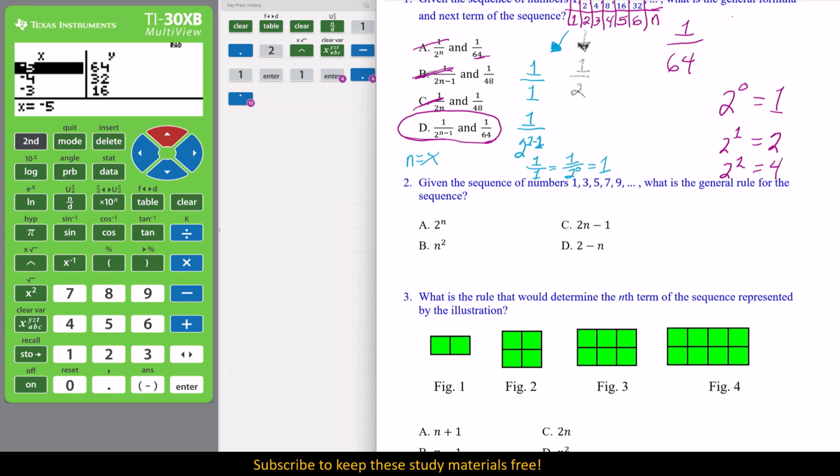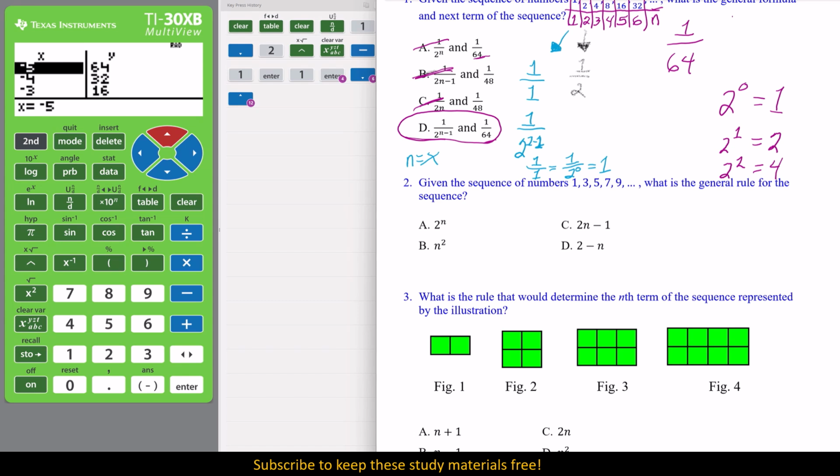Okay, now looking at what's still in the calculator, I'm not thinking that's going to work. And even if you look at what we just talked about, 2 to the n is similar to that. 2 to the n, we saw that a moment ago.